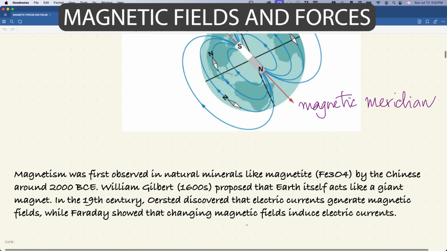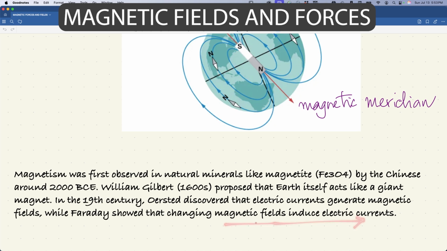So there is some history here. Magnetism was first observed in natural minerals like magnetite by the Chinese around 2000 BC. And then William Gilbert in the 1600s is the one who proposed that Earth itself is like a giant magnet. Then in the 19th century, Ørsted discovered that electric currents always generate magnetic fields, while Faraday showed that changing magnetic fields also produce currents.